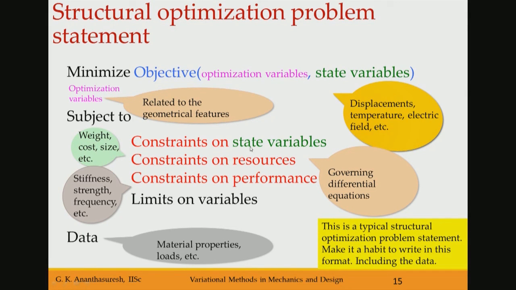There will be constraints on the state variables, which will be governing equations, constraints on resources like weight, cost, size, etc. Constraints on performance for stiffness, strength, frequency, buckling load, all those are performance constraints, the limits on the variables, and what you consider data will be material properties, loads and so forth. Okay. This is how a typical optimization problem looks like.